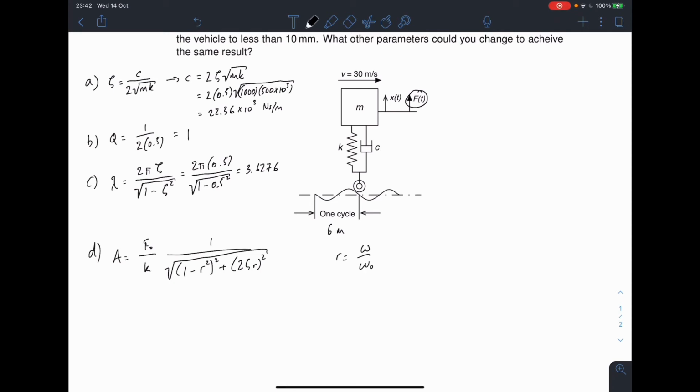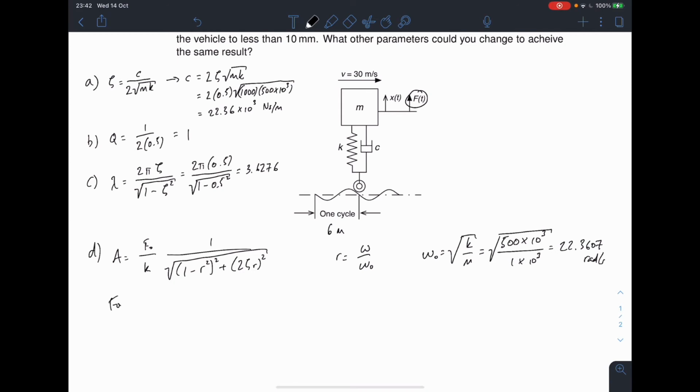So we need to work out what omega naught is. Well, omega naught is equal to root k upon m, so that's 500 times 10 to the 3 divided by 1 times 10 to the 3, and we get a frequency of 22.3607 radians per second.